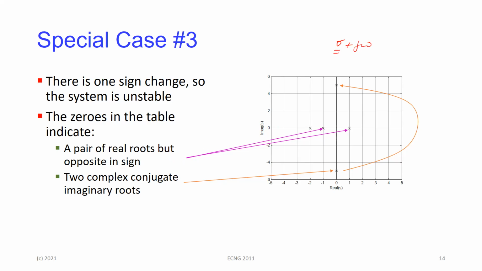One of them, the sigma is positive, so it goes across on the right-hand side. Remember, this is the right-hand side here. And the first zero also indicated that we have two poles on the j omega axis. So the system is unstable. You have no question about it being stable or unstable.